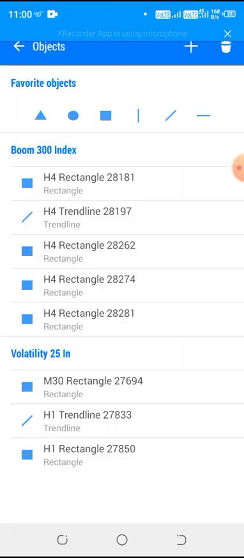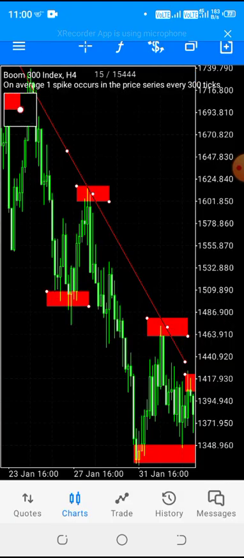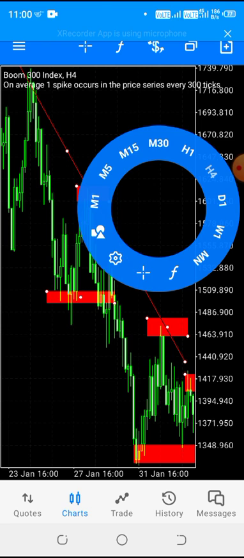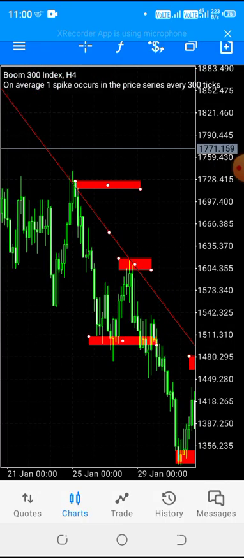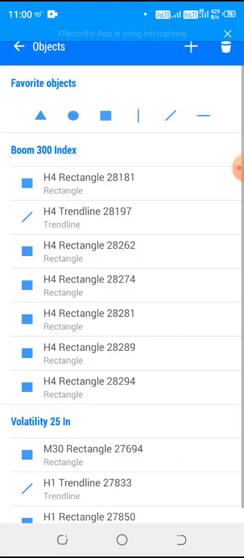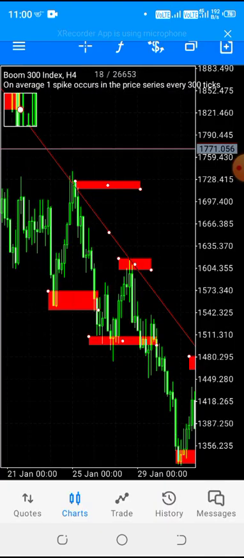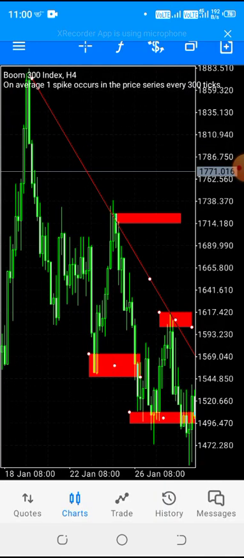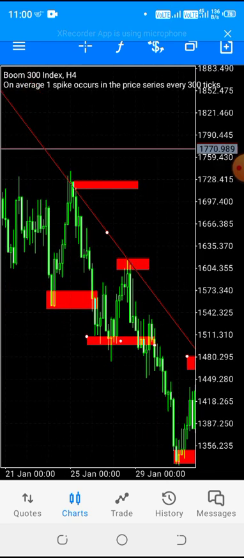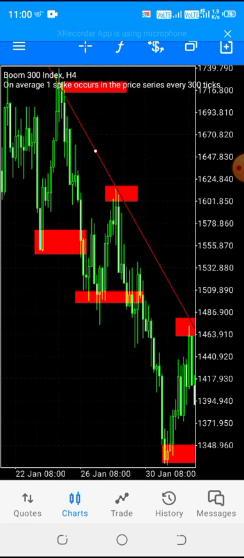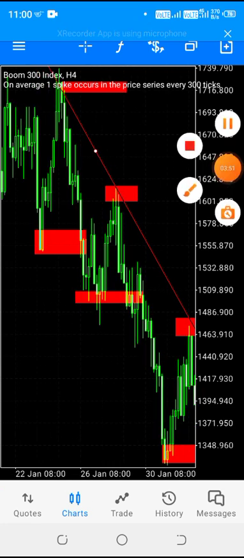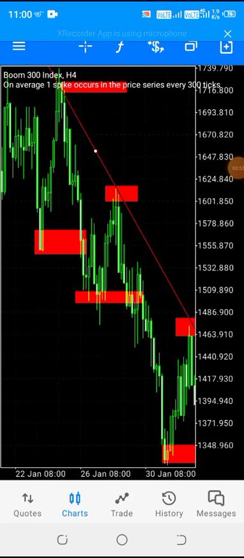In market structure, we look at higher highs, higher lows, lower lows, lower highs. So that is how the market was on a down trade. As you can see now, I want it to be clear so that we can understand what I'm saying.